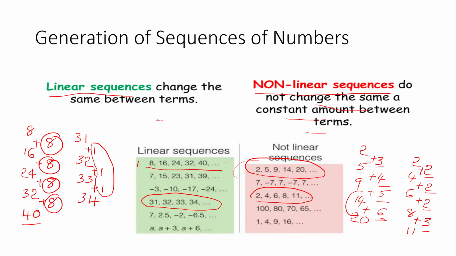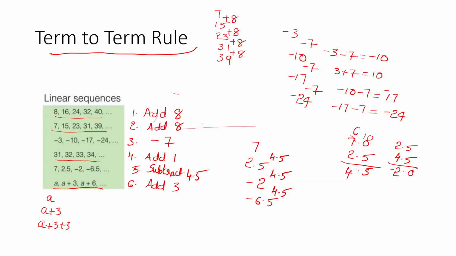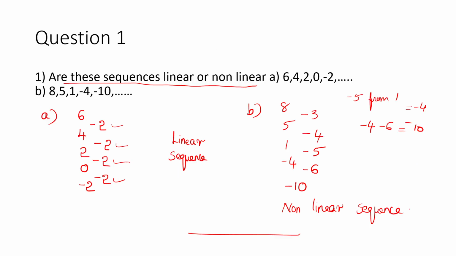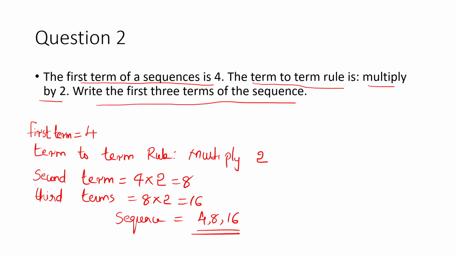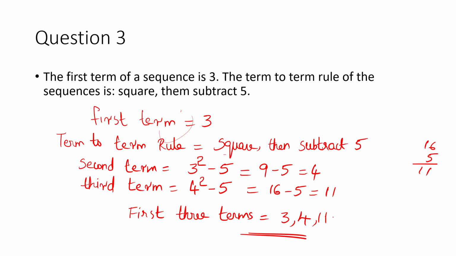Non-linear sequence means changes will be there between the terms, but those changes are not constant. Term to term rule means the change that occurred between the terms. Okay. So then we have done some problems also. With this we can wind up the generation of the number sequence. Thank you.